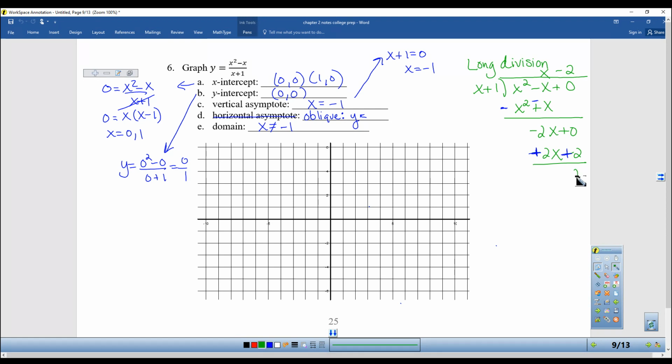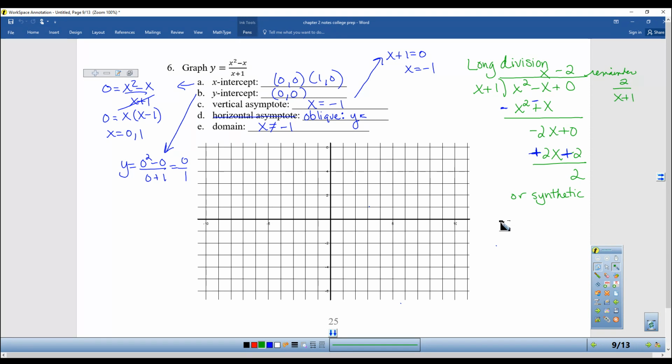And I get 2. So my remainder, I refuse to write the big R. Remainder is 2 over x plus 1. Could you have done this using synthetic? Absolutely. You can't always use synthetic. Remember, the rule for synthetic is only if you have a linear, specifically just x plus or minus a number.